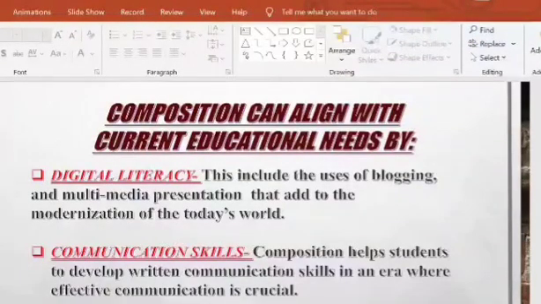Composition can align with current educational needs by, number one, digital literacy. This includes the use of blogging and multimedia presentations that add to the modernization of today's world. Number two, communication skills. Composition helps students to develop written communication skills in an era where effective communication is crucial.